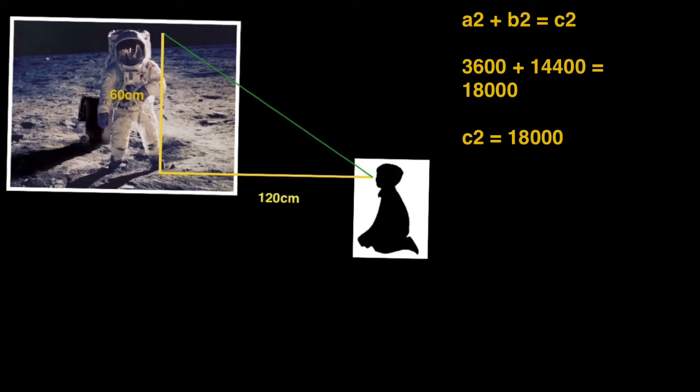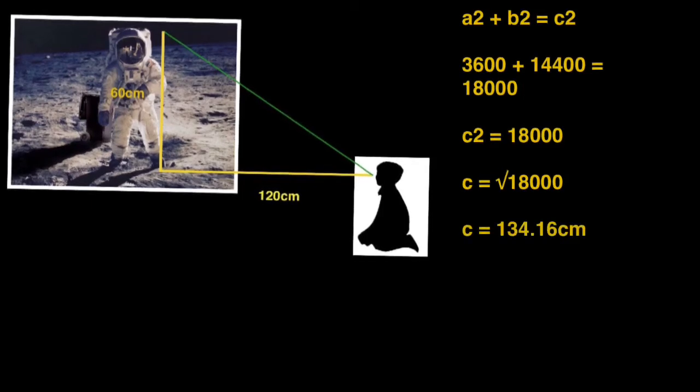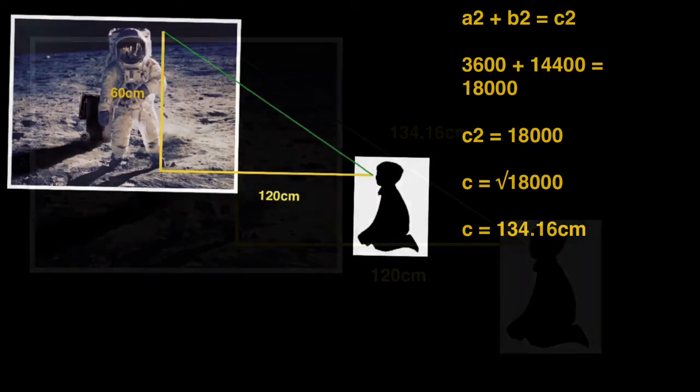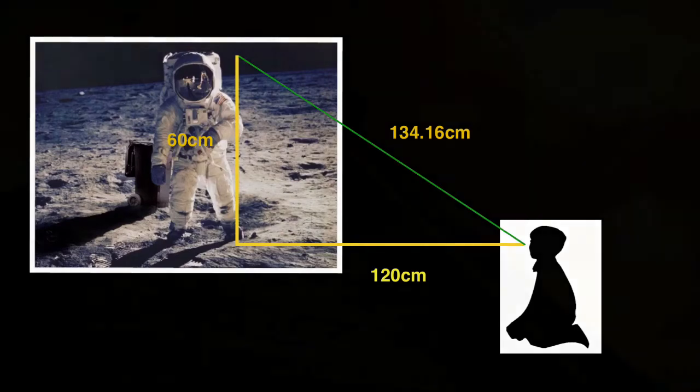So we know that C squared equals 18,000 square centimeters. So to get C, we have to get the square root of 18,000, which would be 134.16 centimeters. So now we have the length of C, which is our hypotenuse. So through the method, we managed to get our missing side.